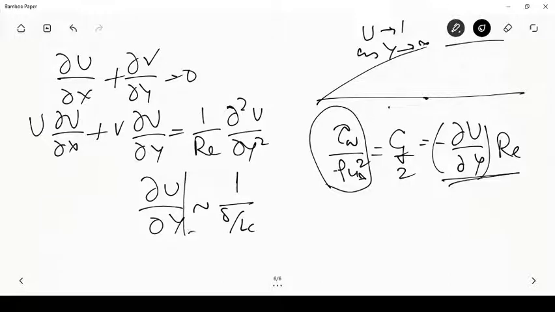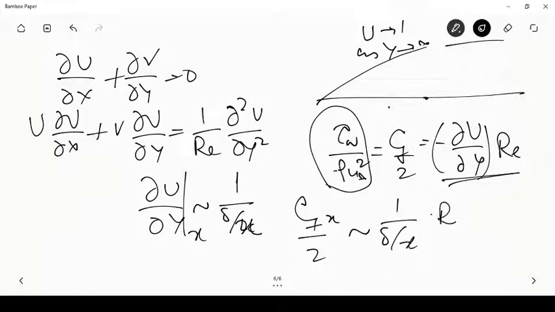So at any given x, this is going to be of the order of 1 over delta by x, and therefore CFx by 2 is going to be of the order of, you can forget this by 2, the CFX or CFX by 2, let it be there, is going to be of the order of 1 over delta by x into Rex.